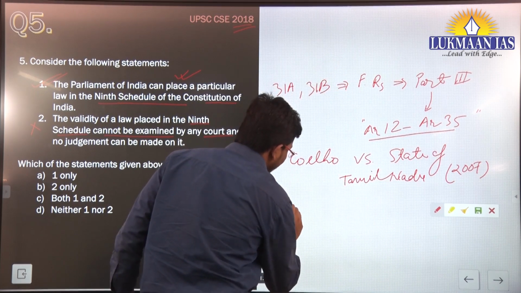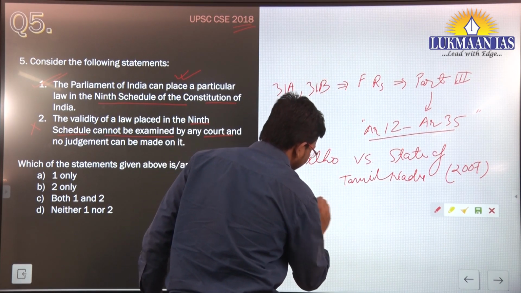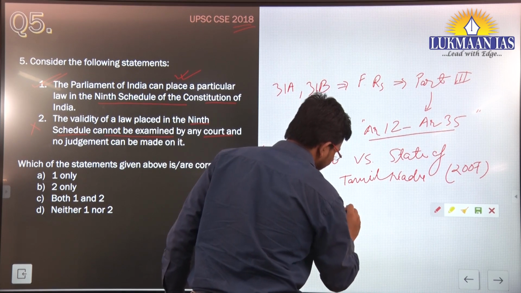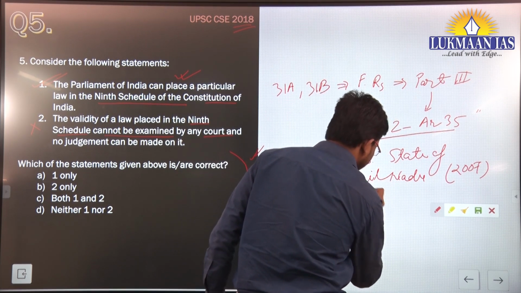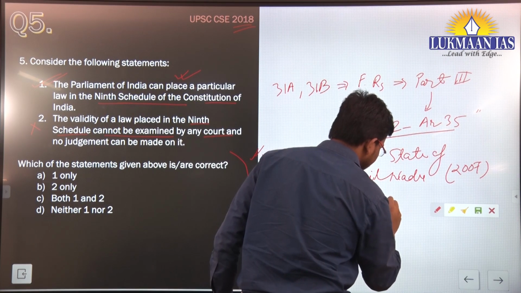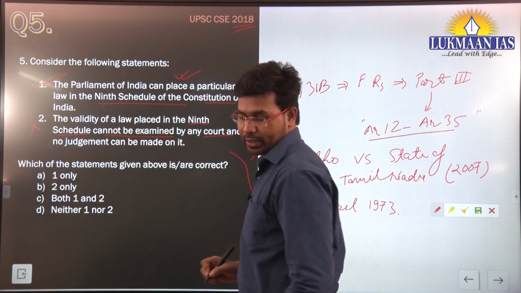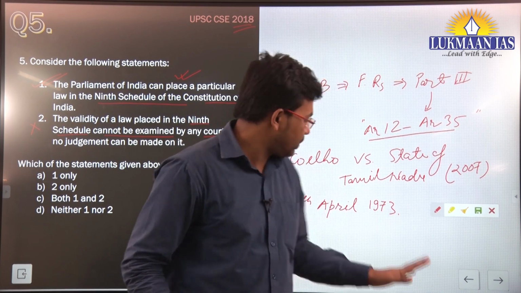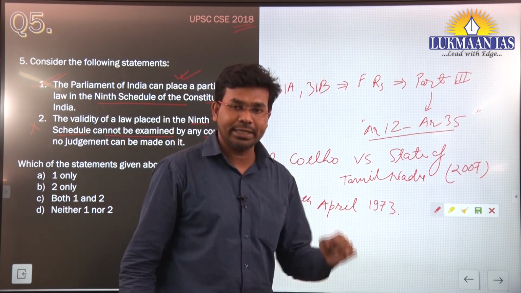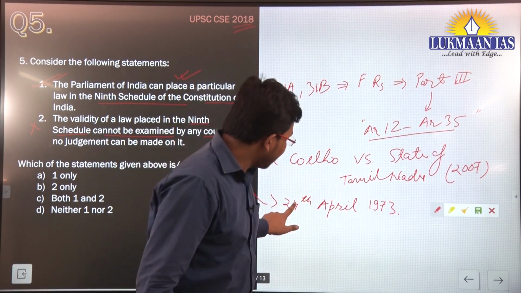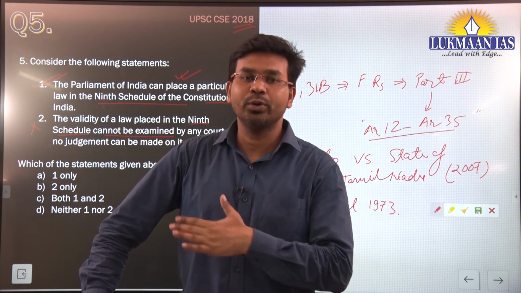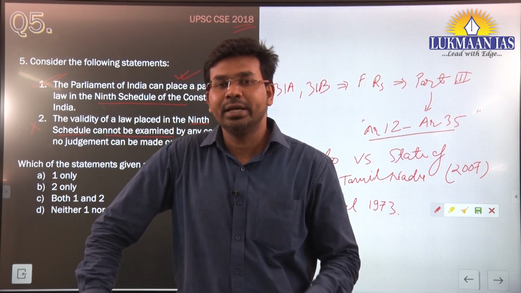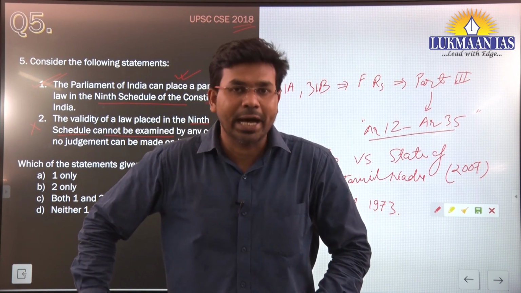So that date was 24th of April 1973. So what has happened on 24th of April 1973? On that particular date, the Supreme Court of India has given a sea-changing judgment that talks about the Keshwananda Bharati case.